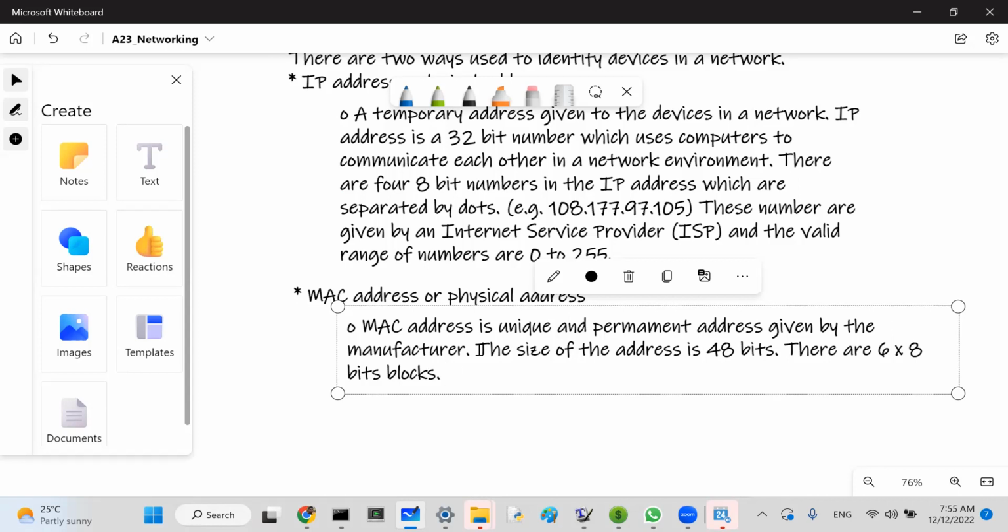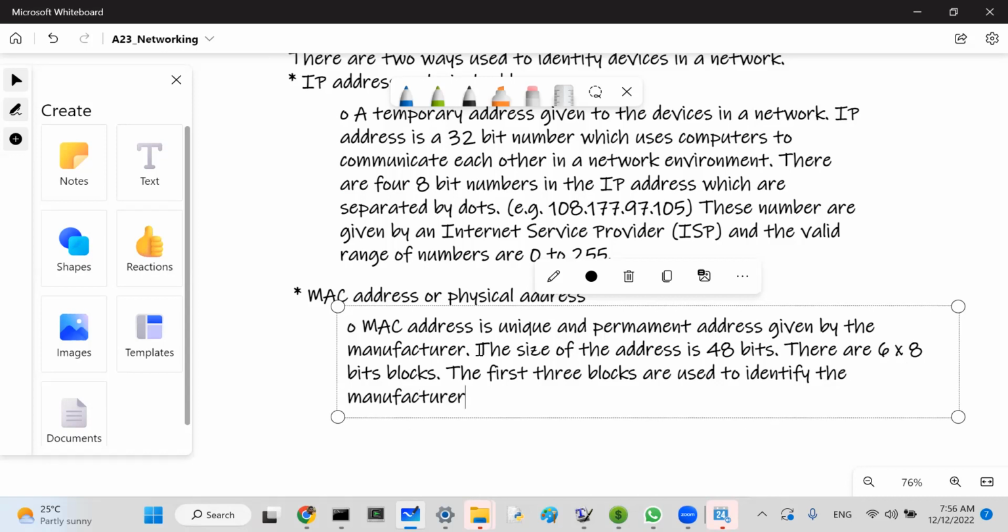The first 3 blocks are used to identify the manufacturer, and the last 3 blocks are used to identify the device.